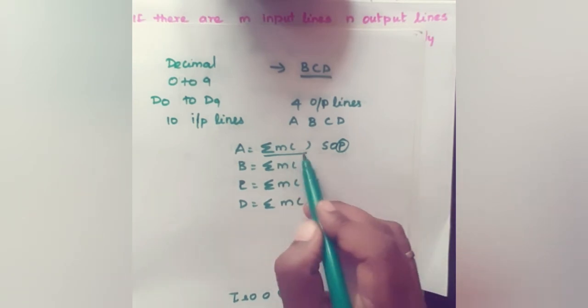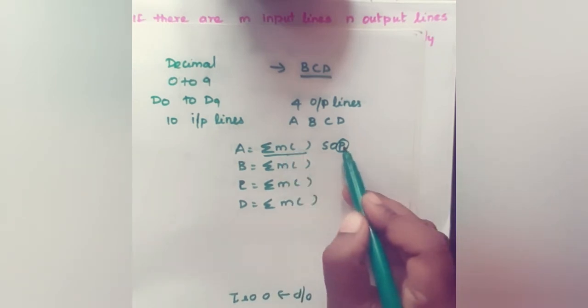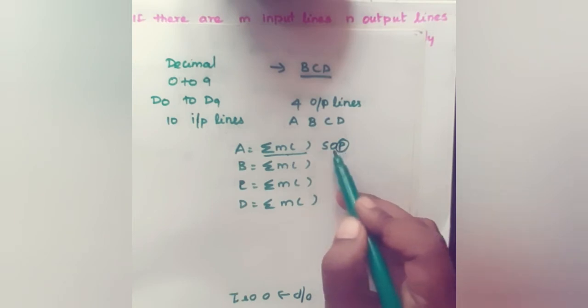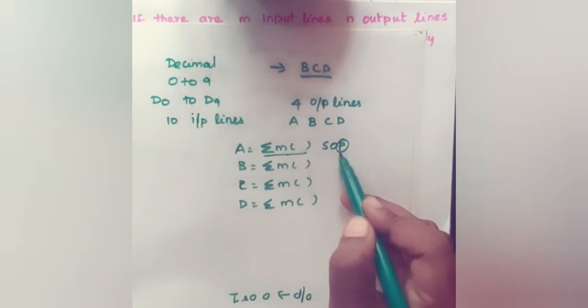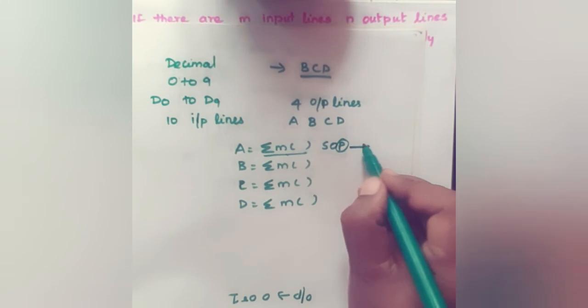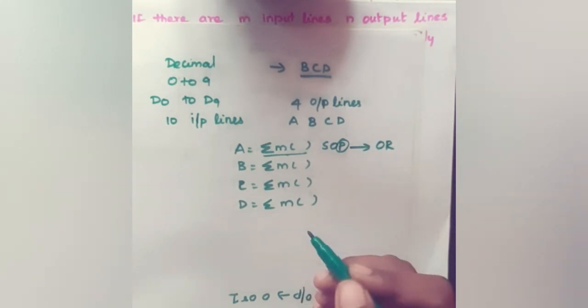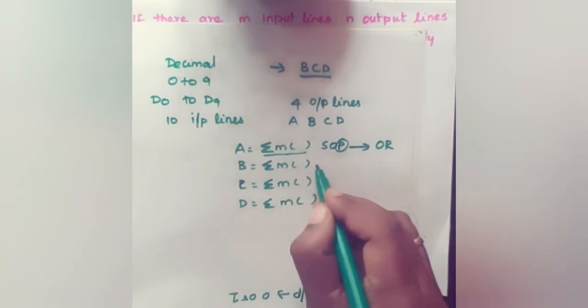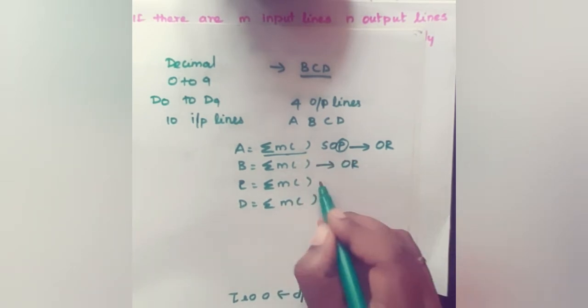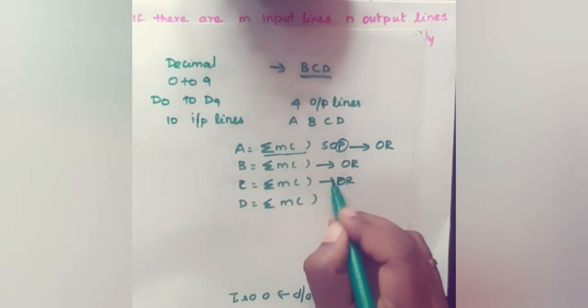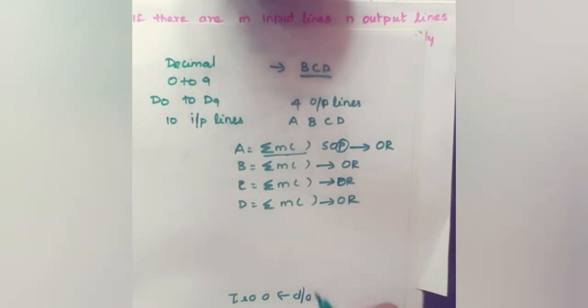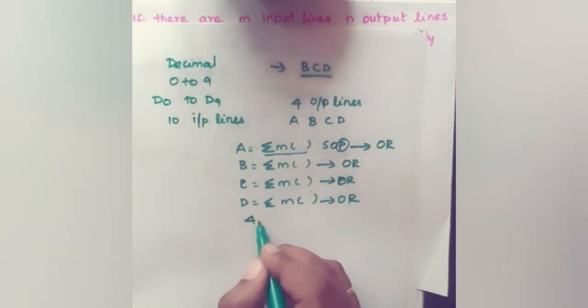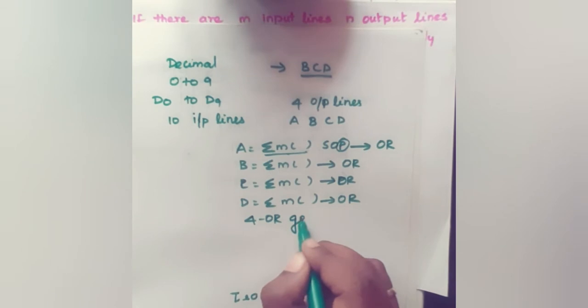Finally we add all the product terms using an OR gate. So one OR gate is necessary for each expression, and totally we need 4 OR gates.